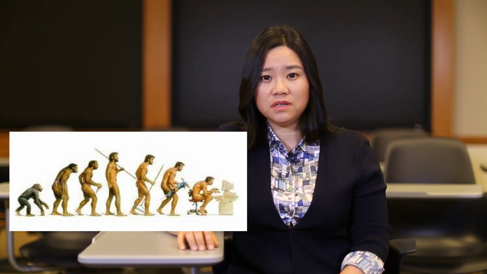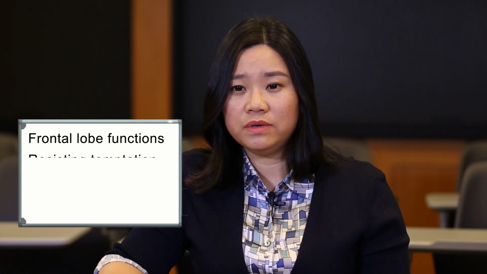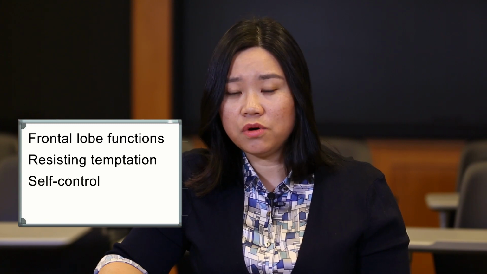Tracing back to the evolutionary progress, what we have gained in volume in our brain has largely contributed to the development of our frontal lobe. The frontal lobe is essential for resisting temptation, self-control, and problem solving.